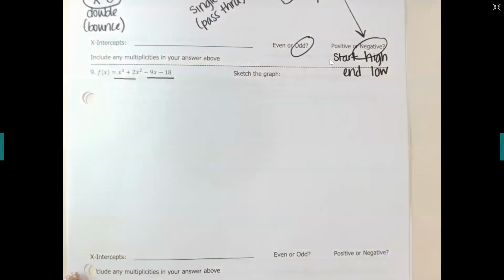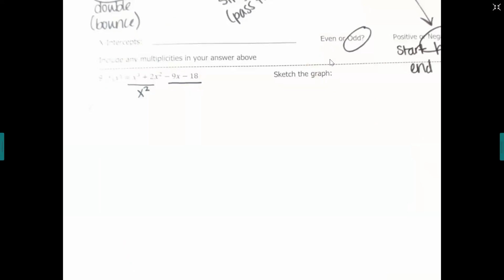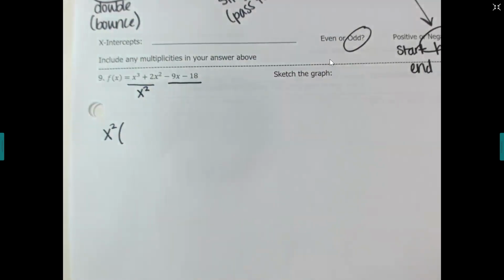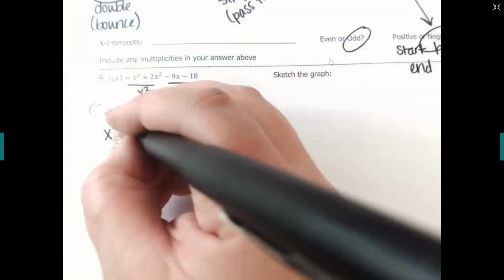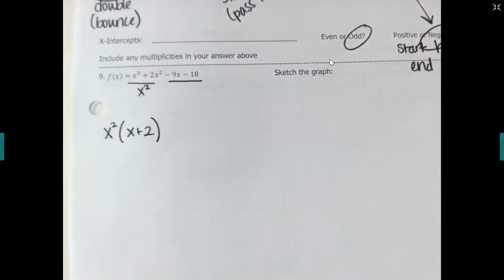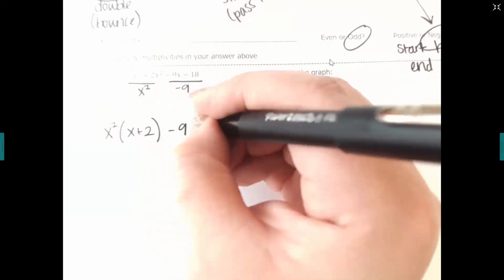Group your first 2 and your second 2. What can we take out of the first 2 there? X squared. Then my x squared comes to the outside, and what's left over? X plus 2 is correct. Okay, out of my second 2, I have a minus 9x minus 18. What can we take out of those 2? Minus 9. My minus 9 comes to the outside.